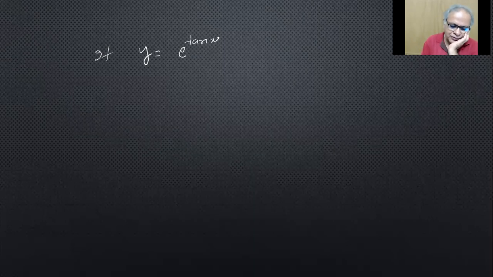If y equals, tell me some function on your own. Vasist, take a chance. Tan of e power x. Let me say e power tan x, I'll write. E power tan x is a function now.